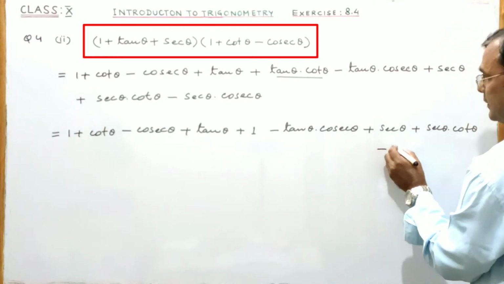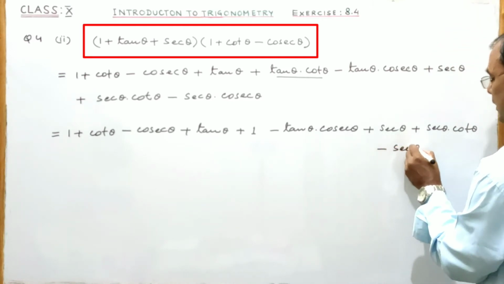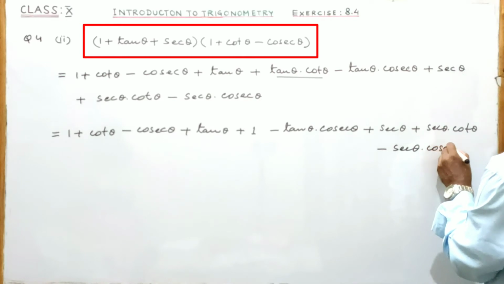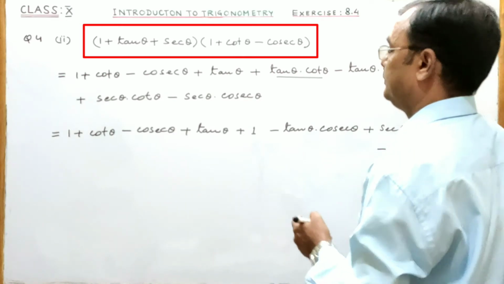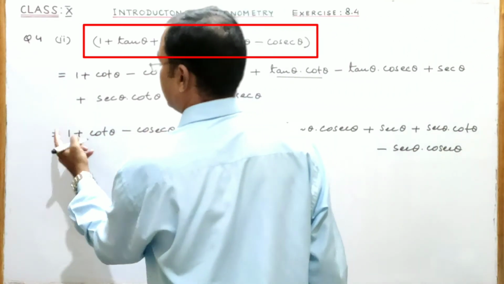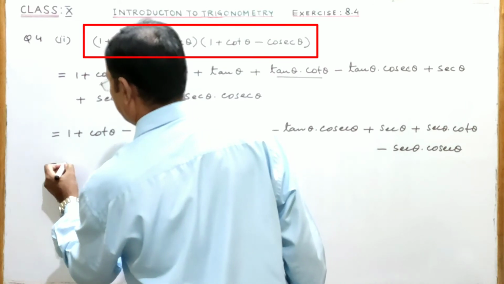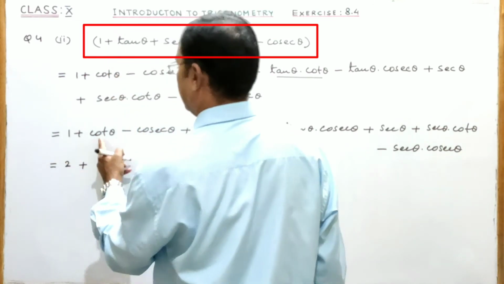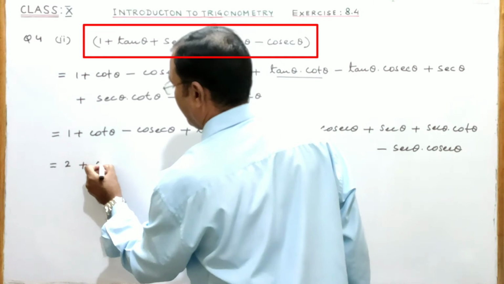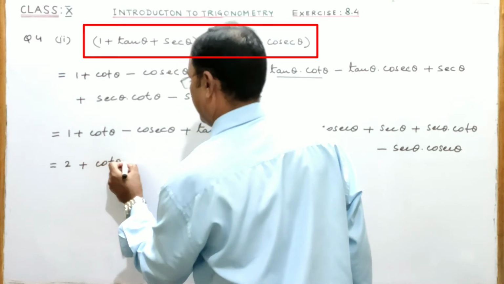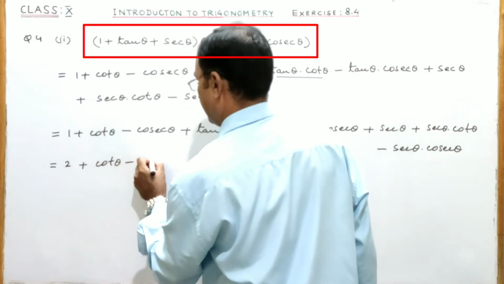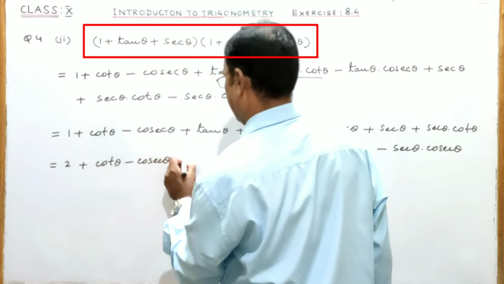So minus sec theta into cosec theta. So this 1 plus 1 equal to 2 plus cot theta minus cosec theta plus tan theta.